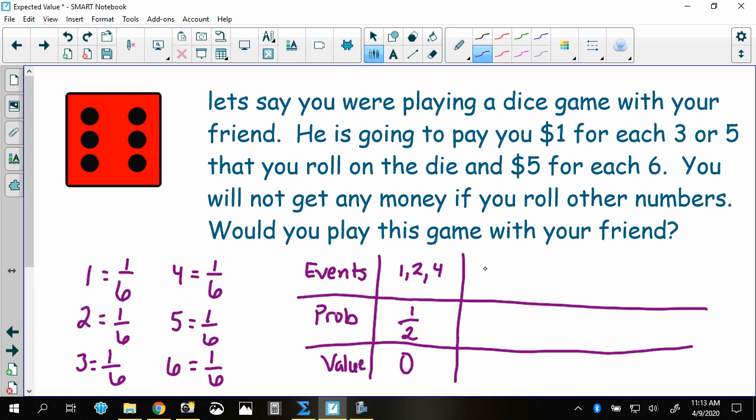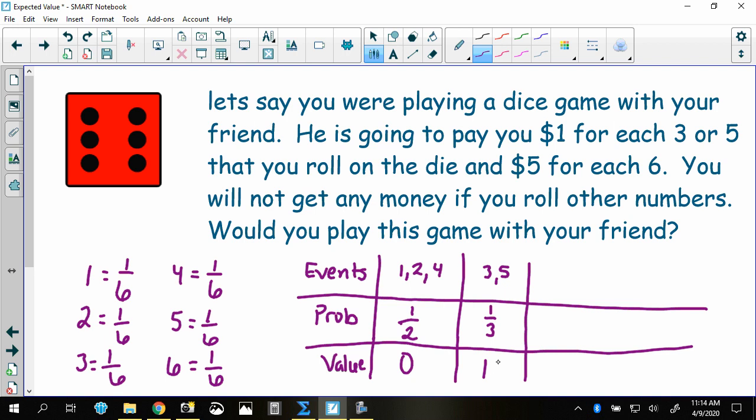Okay, we also could get a 3 or a 5. Now, the chance of getting a 3 or a 5, that's 2 out of 6 or 1/3. Now we're using fractions here instead of decimals because 1/3 is a rounded decimal. So we want to be as precise as possible, so we're going to stick with the 1/3. And we would win $1 for each of those.